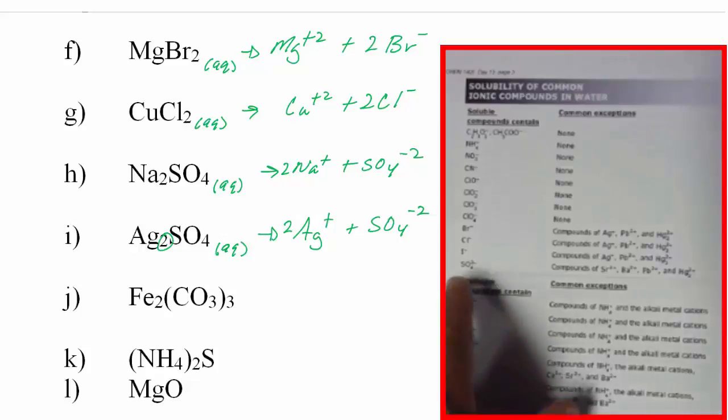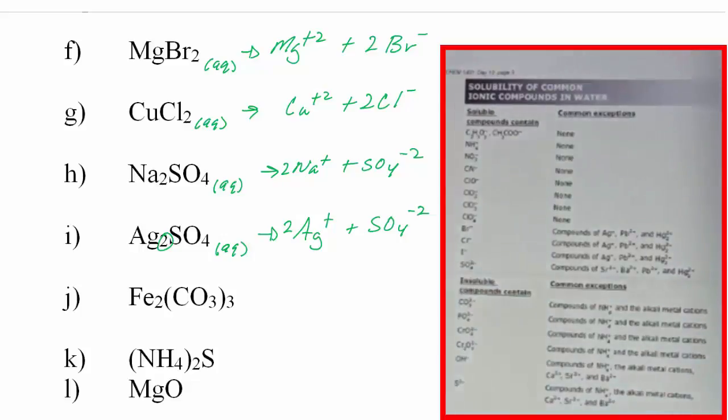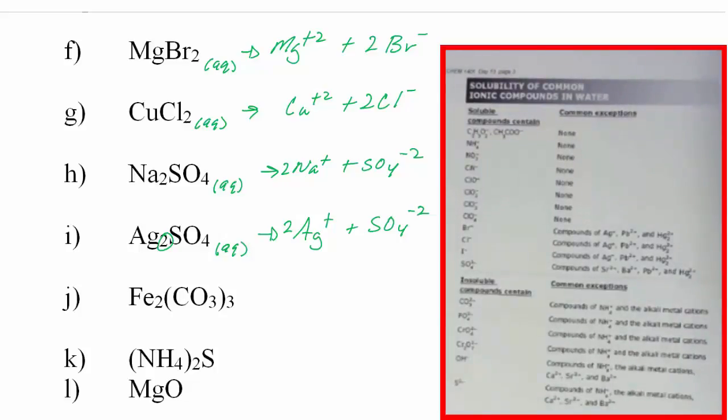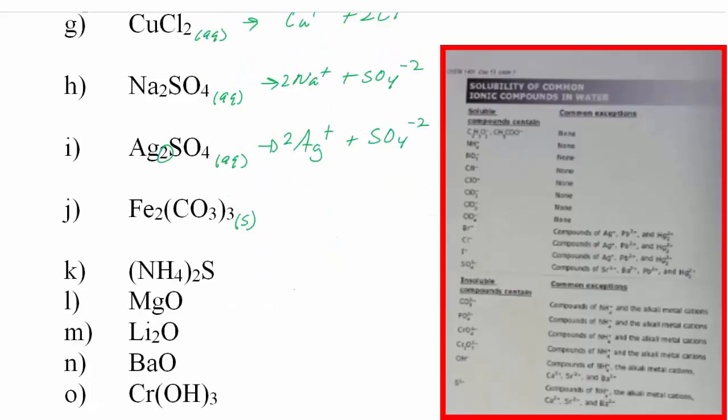Iron 3 carbonate. Iron 3 carbonate, always insoluble, and it's not an exception, so. Ammonium sulfide. Ammonium is always soluble, according to the rules.